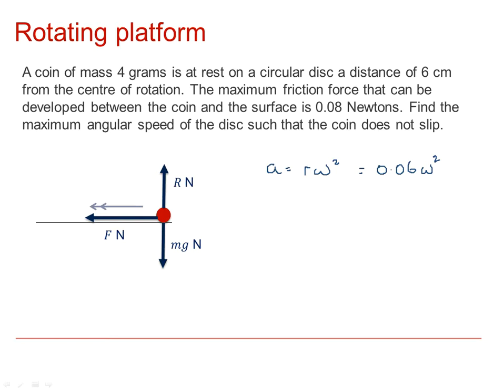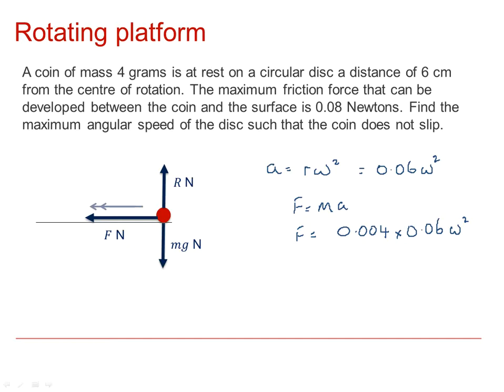Newton's law says that F is equal to ma, so the frictional force is equal to the mass, 0.004, multiplied by the acceleration, which is 0.06 omega squared. And we're told that that frictional force has a maximum of 0.08.